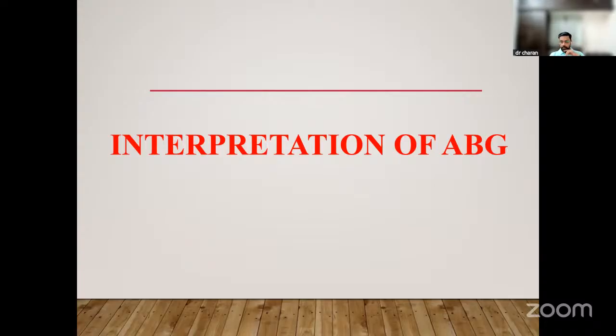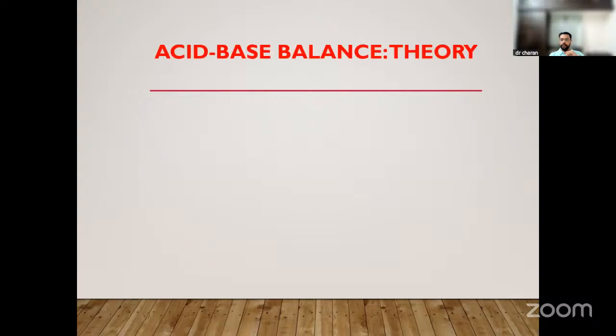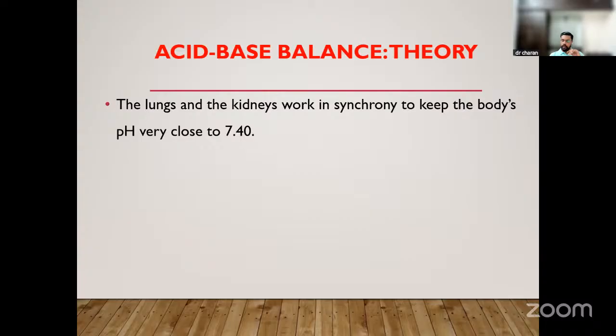So once you do an ABG, the next thing is interpreting an ABG. To interpret an ABG, again, as we saw earlier, acid-base balance is very, very important. As we said earlier, pH has to be maintained between 7.35 to 7.45, as close as 7.4. That is done mainly by two organs. One is the lungs, the other one is the kidneys.